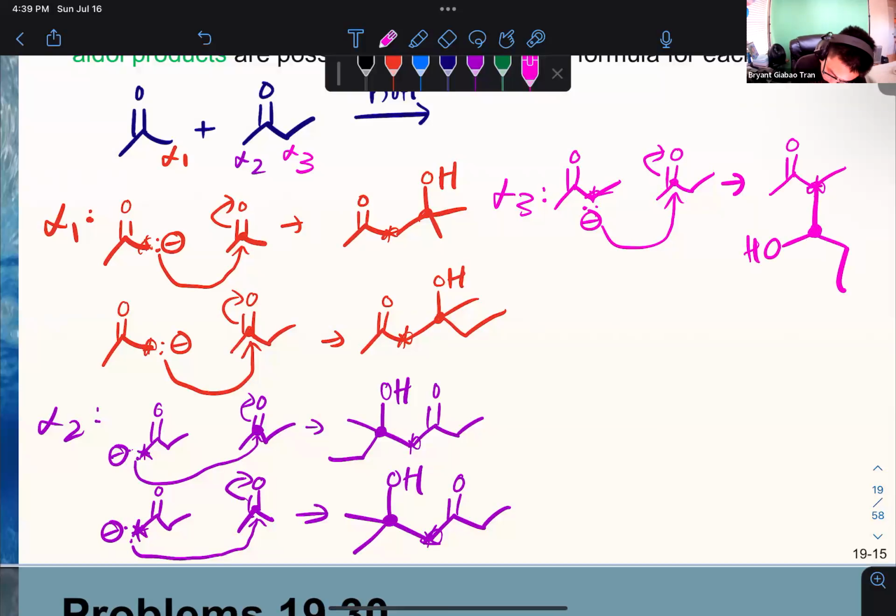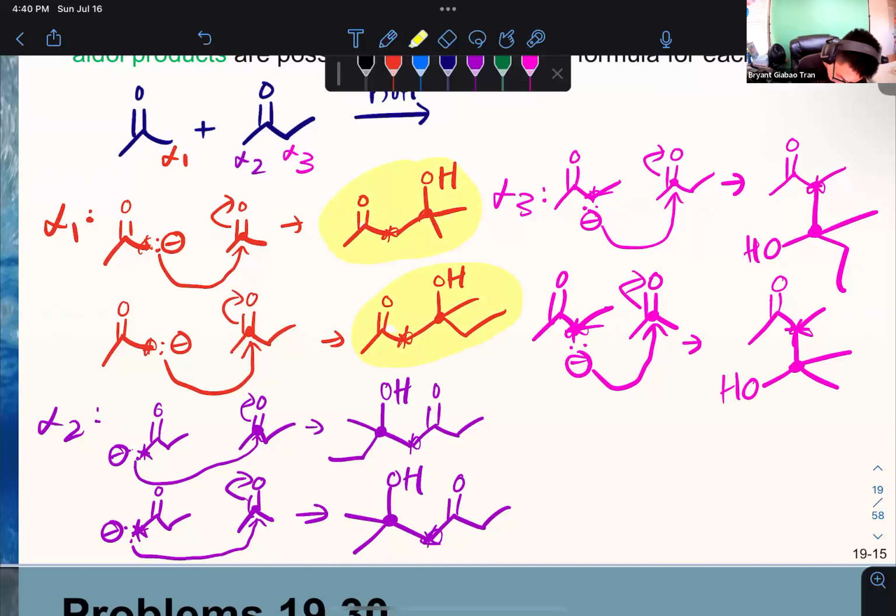Or it could attack the other ketone here, which gives you a new bond between the starred and dotted carbon. This dotted carbon is attached to O-, which gets protonated to OH, and 2 methyl groups. So here are your 6 different Aldol reaction products.